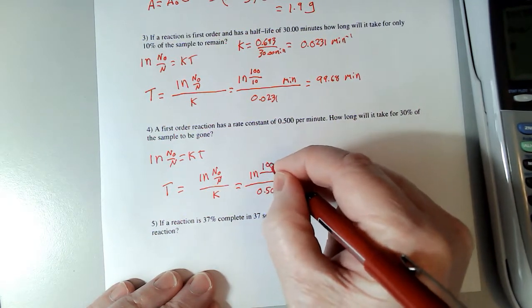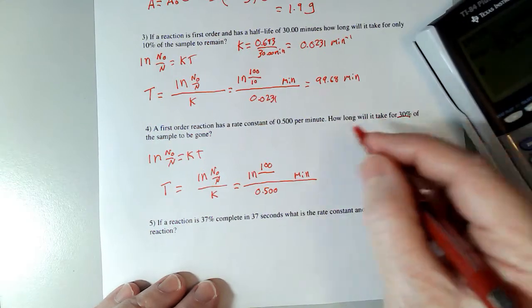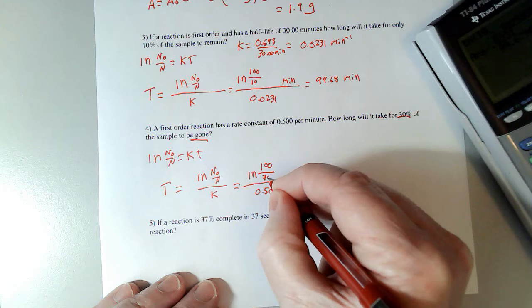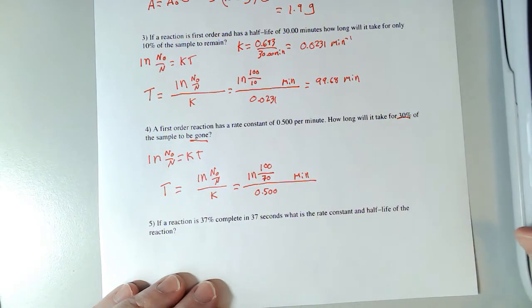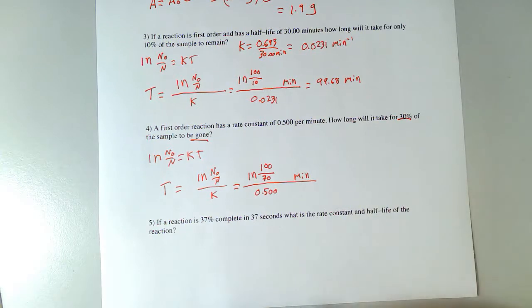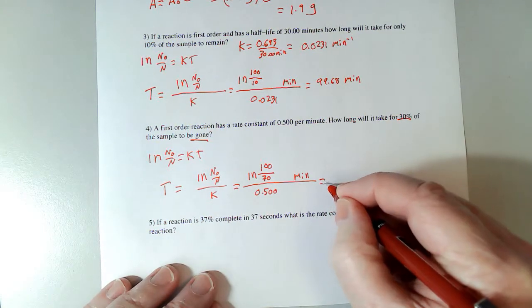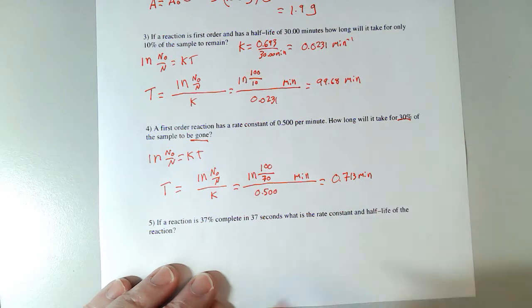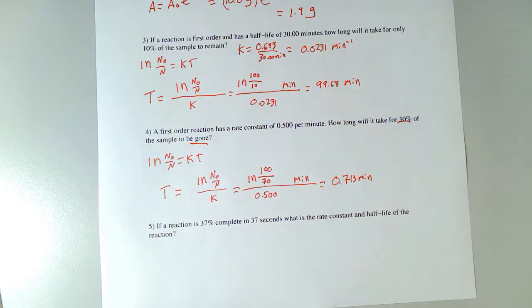Starting with 100%, but since it says 30% to be gone, my final amount is 70%. So always make sure you read the question carefully. This comes out to be about 0.713 minutes, which I'd probably convert to seconds in a real-world situation.